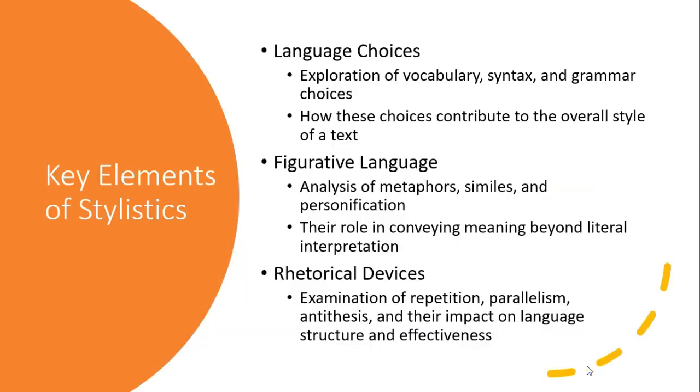After the definition, we will see the key elements that stylistics focuses on. Number one, language choice. Stylistics focuses on vocabulary, grammar, and grammatical choices and sees how these choices contribute to the overall style of a text.